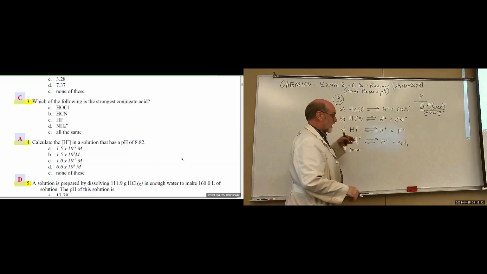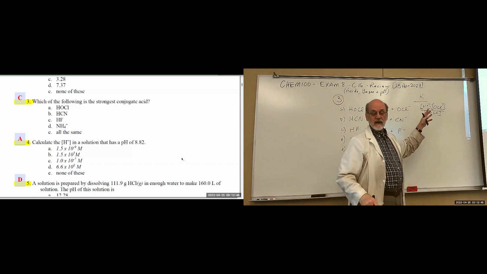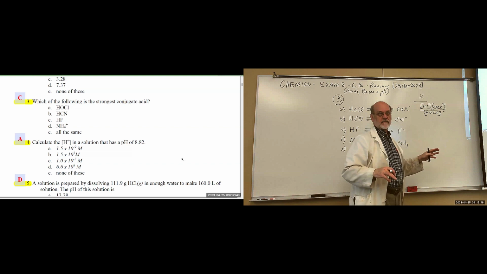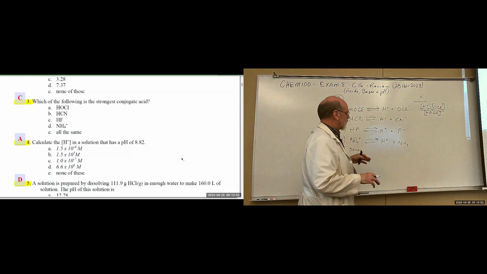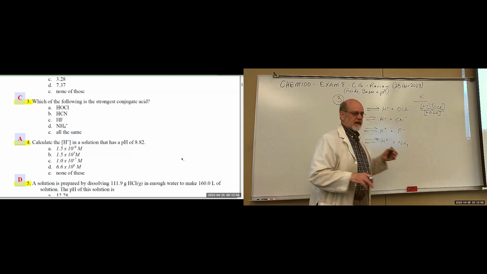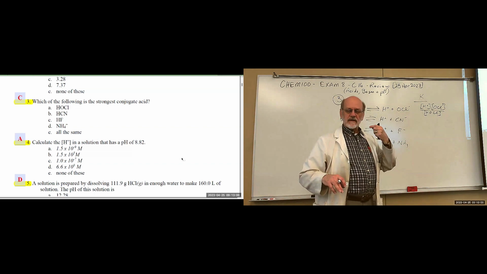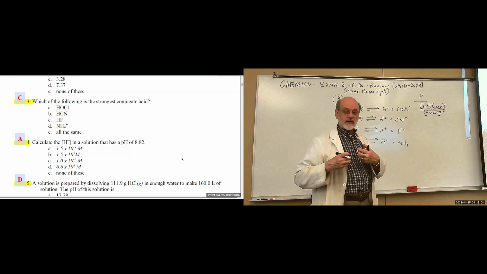And the way to do that without actually having the numbers, if we had the values for the Ks, it would be a simple comparison. But we don't have that. So what we're looking for is which one has the highest affinity for electrons, which one attracts electrons the strongest.